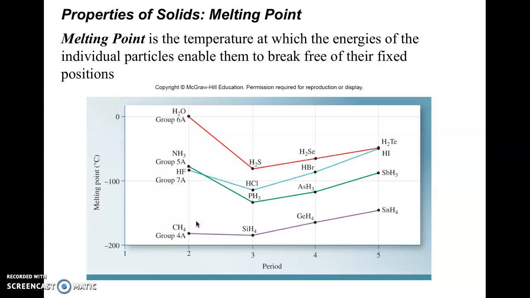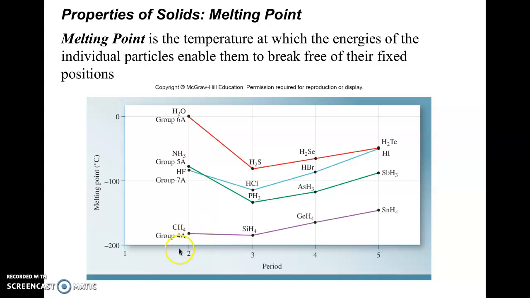And what we see is that materials made up of things in that second period, so we're talking about carbon, fluorine, nitrogen, oxygen, there are some anomalies, and that's because of the very high intermolecular interactions, because those are very small molecules.